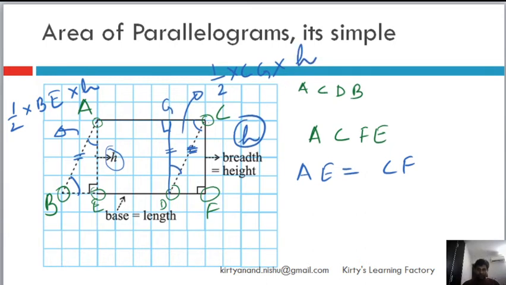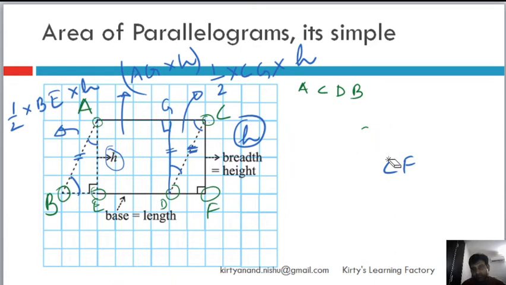Okay. Now I have to find out the area of this part, which visibly here you can see is a square, which basically is AG. So don't worry, it may or may not be a square. We will only consider AG. So the area of this part is AG into H, assuming it is a rectangle. Okay, AG into H. So what is the total area of the parallelogram ACDB?